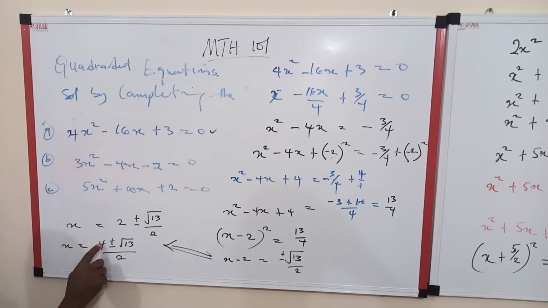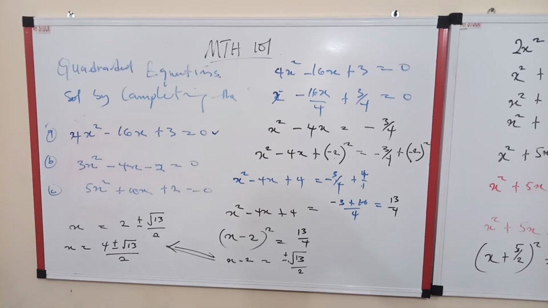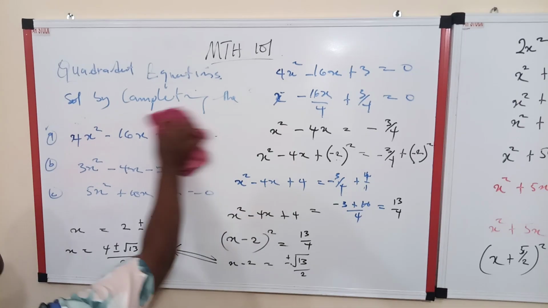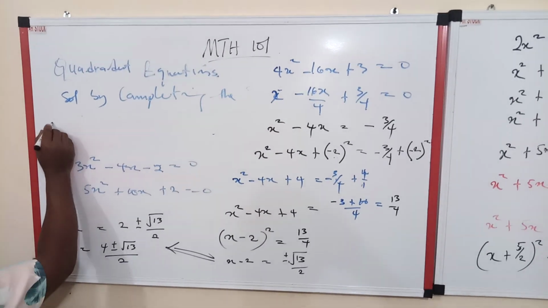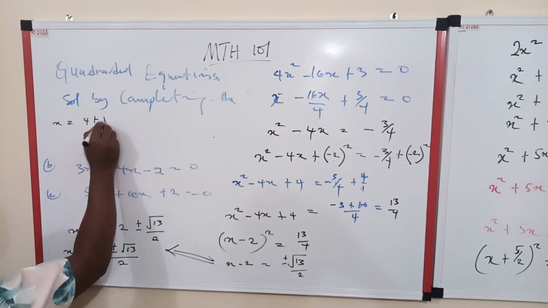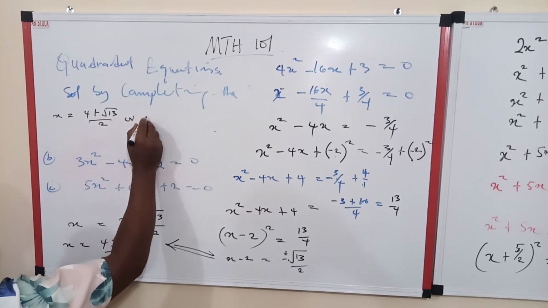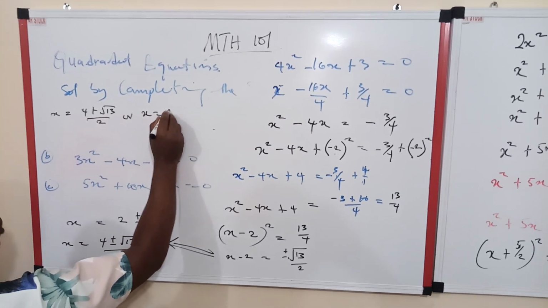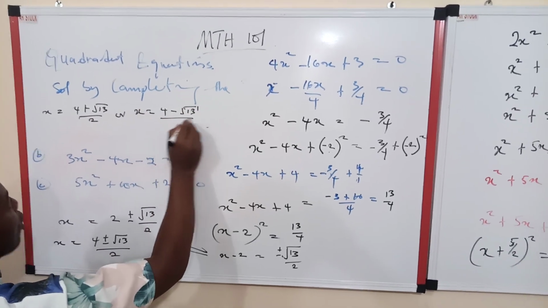Our x therefore is equal to 4 plus the square root of 13 over 2, or x is equal to 4 minus the square root of 13 all over 2.